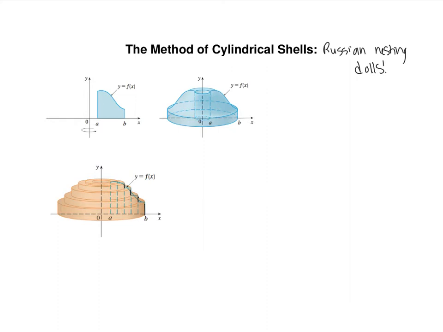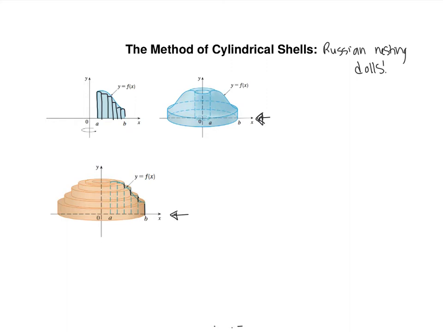The idea is you take this region from a to b, you spin it about the y-axis, and unlike the previous method, you slice parallel to that axis. Make little rectangles, and then spin those rectangles. So this is a picture of what the actual solid would look like, and this is a picture of what would happen with those little rectangles being spun. You can kind of see the whole nesting doll thing.